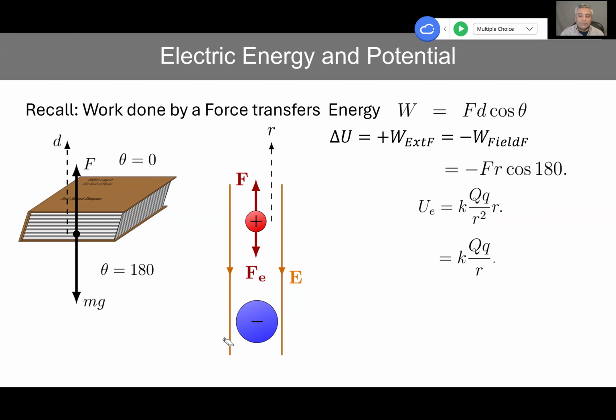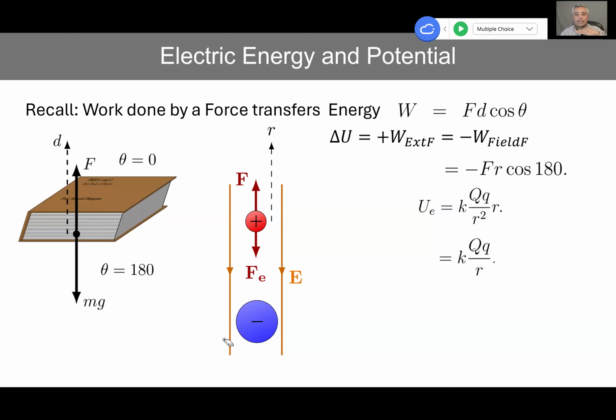So what is the potential energy then? Work done by the field, or the force related to that field. So when the gravitational force does the work, what happens? That energy gets transferred to the object, and the object is going to have either higher or lower gravitational potential energy.